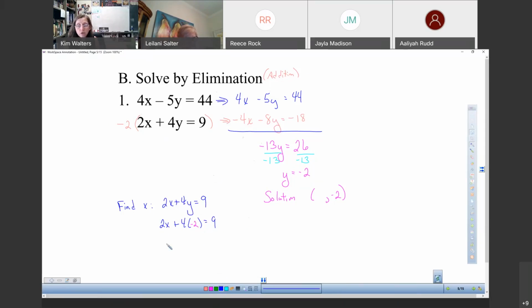And so I have 2x minus 8 is equal to 9. I add 8 to both sides. I get 2x is equal to 17. And I divide both sides by 2, and I get x is equal to 17 halves. And that's how I'm going to write my final answer here. I'm not going to write it as 8.5. I'm just going to leave it as 17 halves, that fraction.